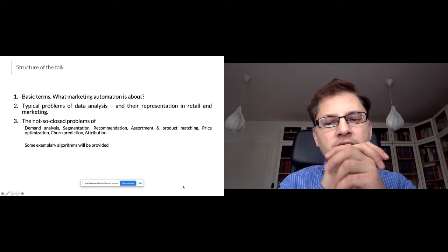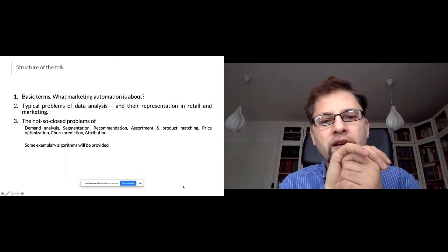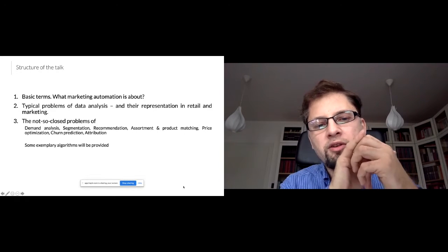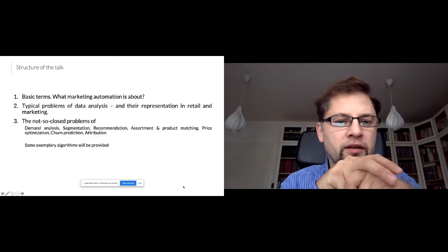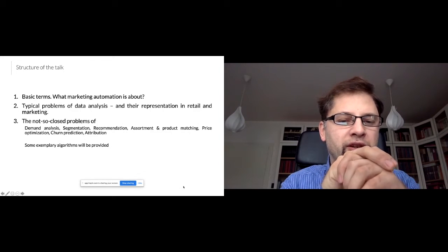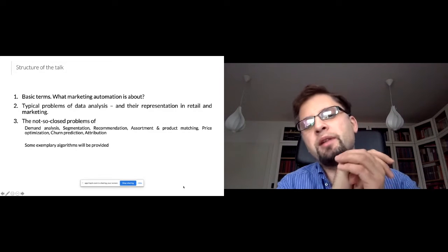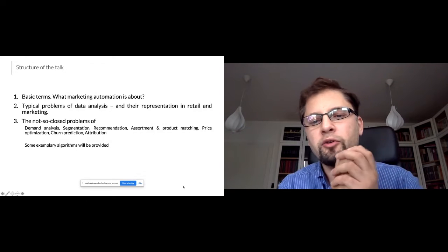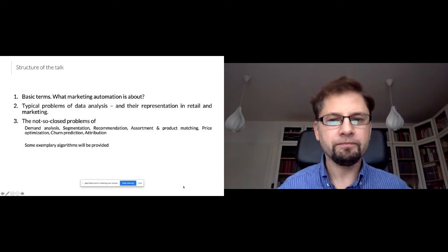Price optimization, I think, will be just mentioned briefly. But churn prediction and attribution will also be briefly overviewed. So I will provide some exemplary algorithms and technical solutions which we are using at production level.